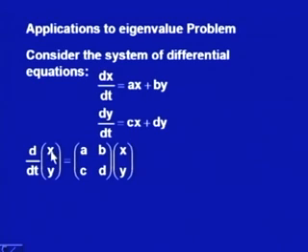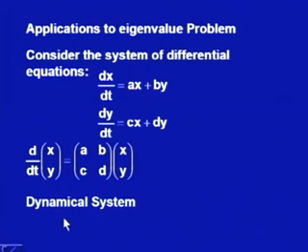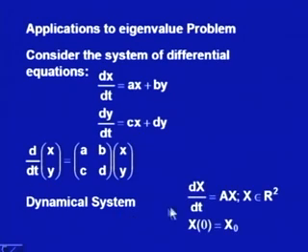Here d by dt of this matrix x y. So, we have a column vector on the left hand side and we have taken its derivative. So, the left hand side is d by dt of x y is equal to a b c d. This is the coefficient matrix on the right hand side multiplied by the column vector x y, and this is a 2 by 2 matrix, this is a column vector, this is a column vector, and we call this a dynamical system, and we write it as dx by dt is equal to Ax.